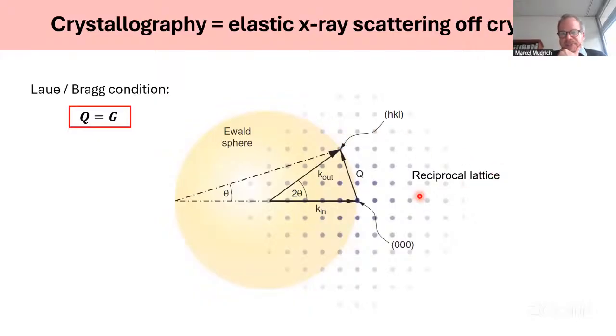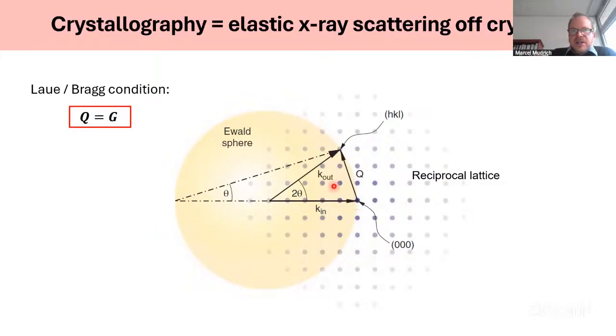So these points indicate lattice sites in the reciprocal space. And then we can draw our incoming wave vector k in and the scattered wave vector k out. And we can shift the k in such that the arrow points exactly onto one site in the reciprocal lattice.